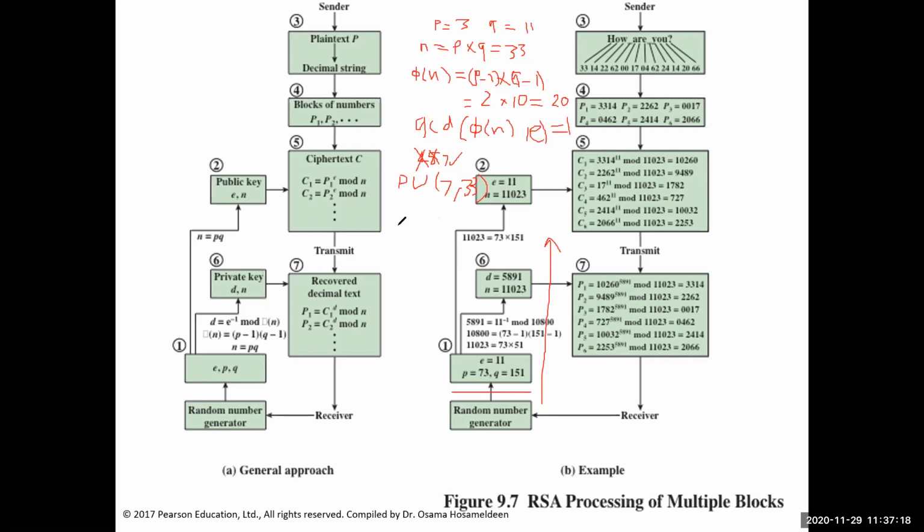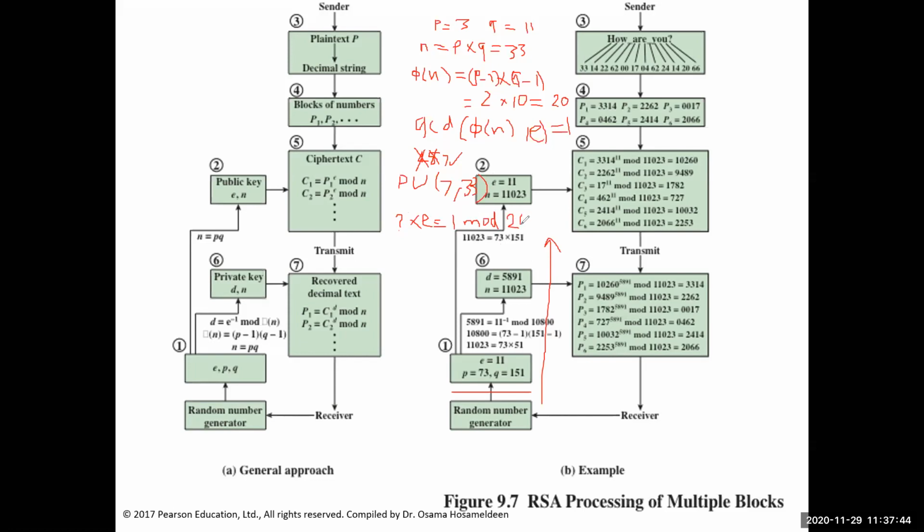I have to find something, D, multiplied by E that is congruent with 1 mod phi(n). I will not write phi(n), because we know it now, which is 20.